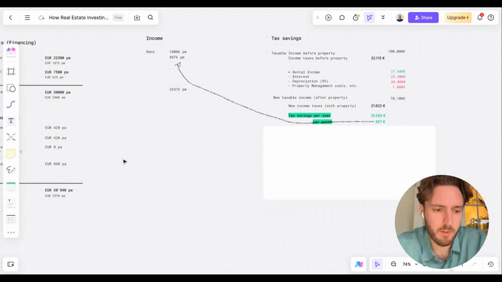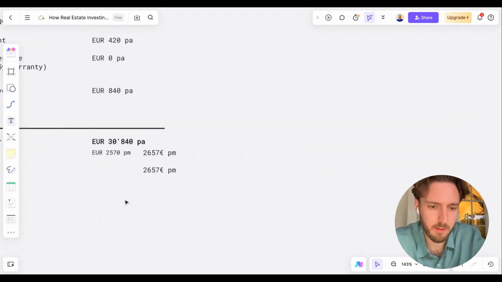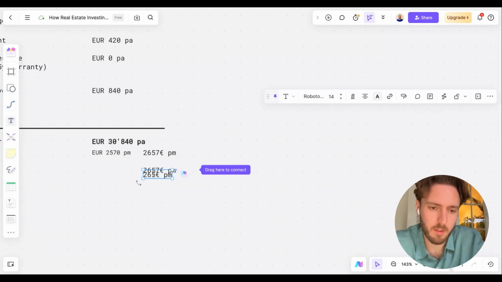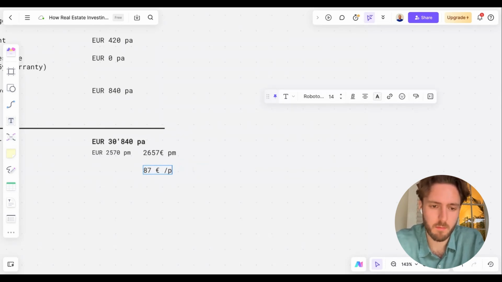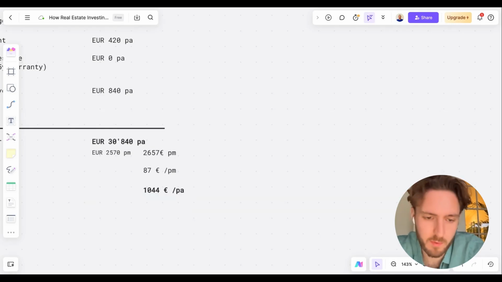Okay, and if you then compare this to your costs here, you actually come out with a little bit of a plus, right? So to give you the exact number, let me just quickly calculate that. We have 87 euros per month, or if you multiply that by 12, you are at 1,400 per year that you actually gain by buying this property.